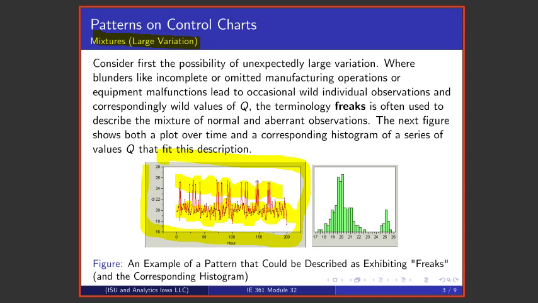If one makes a histogram of the values that are plotted against time on the left, one gets this kind of a picture. And that distribution has two pieces. There's the main piece, and then there's a mixture of that main piece with that smaller piece that represents the unusual, occasional large values. These correspond to the values up here on top.